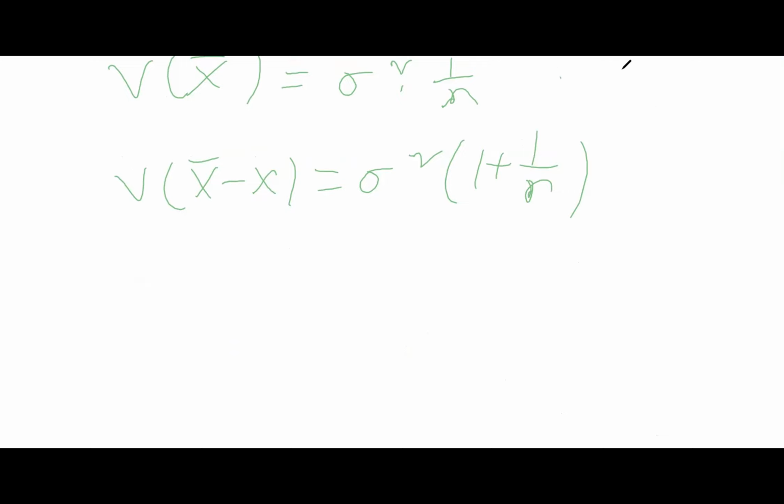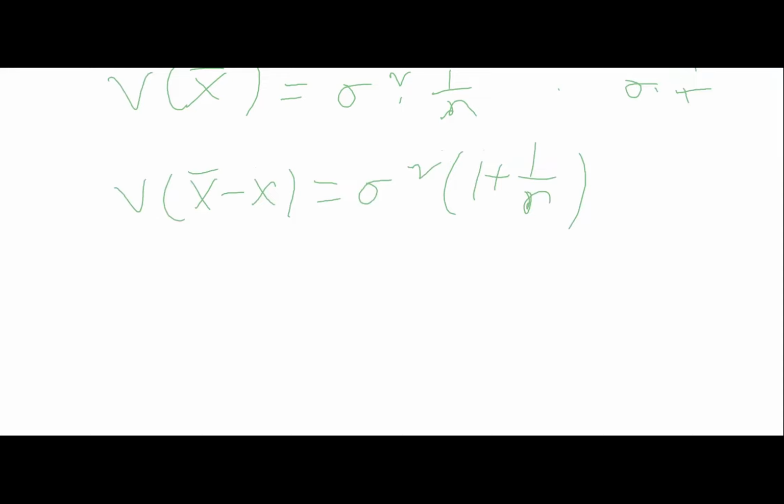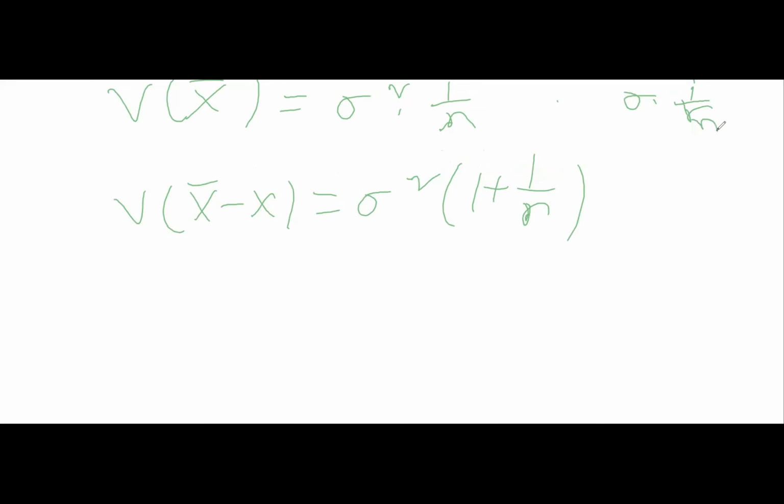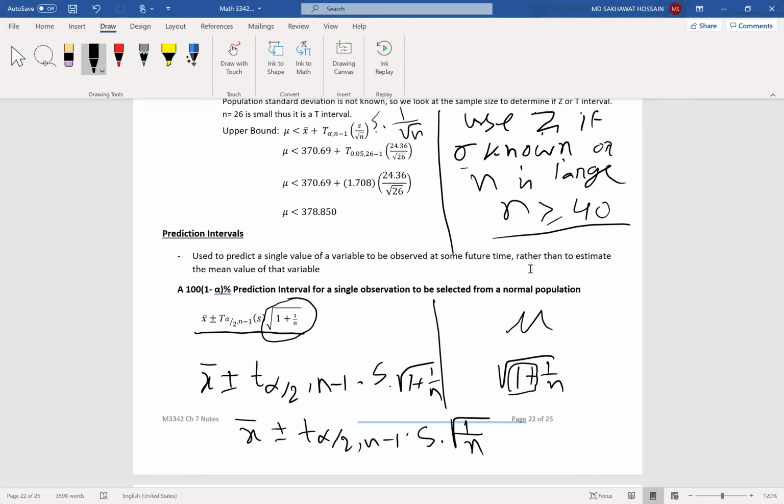If you take the square root, it will be sigma times 1 over square root of n. But for the other, it will be sigma times the square root of 1 plus 1 over n. So now you can see why we have the square root of 1 plus 1 over n in our prediction interval formula: because the variance is different. That is the only difference between the prediction interval and the confidence interval.